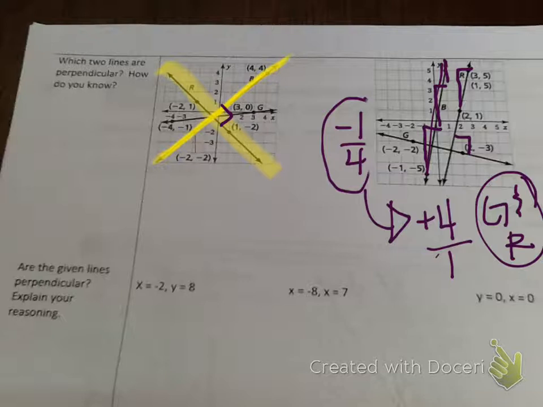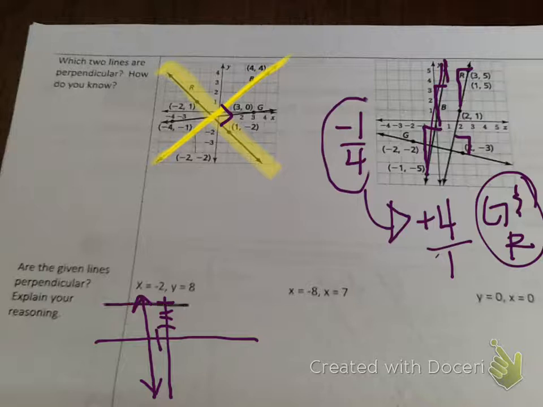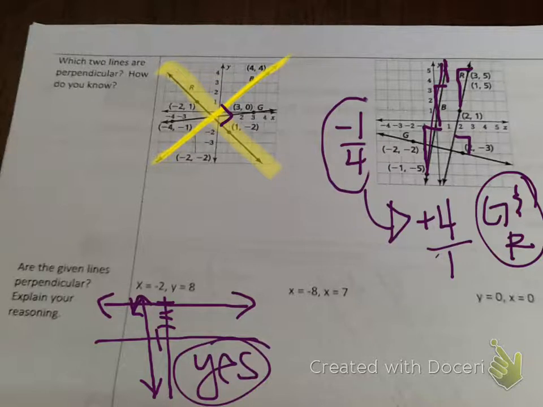Alright, are the given lines perpendicular? Explain your reasoning. So if we have x is negative 2 and y is 8, I'm going to count those by 2s, that is going to form a right angle.